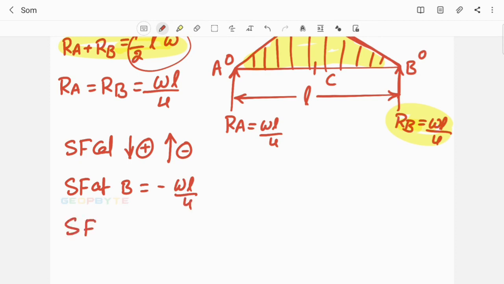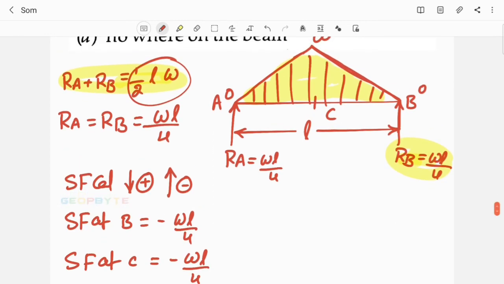Shear force at the midspan at C equals minus WL by 4, already there, plus the downward force up to the midspan. That is also looking like a right angle triangle. Let this be K; KCB is the right angle triangle.